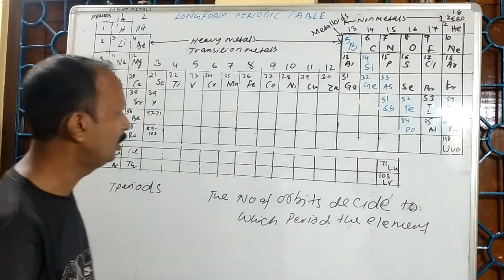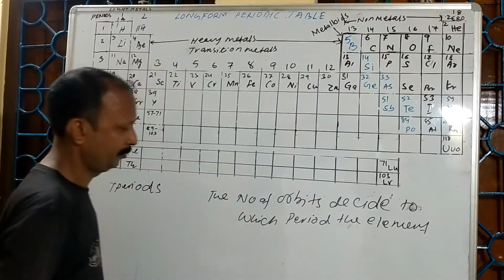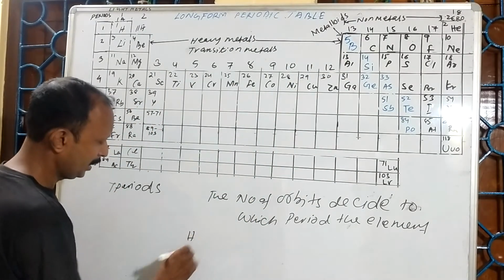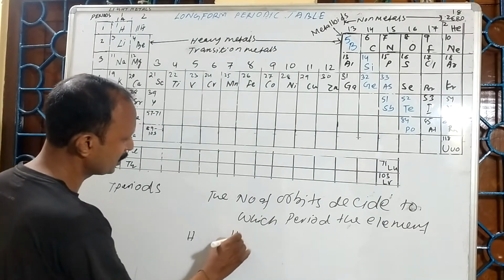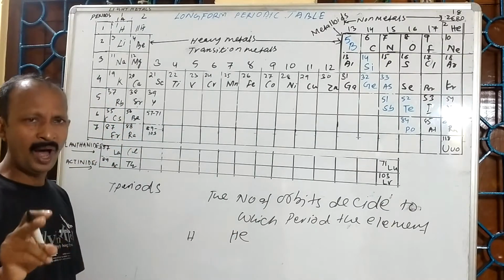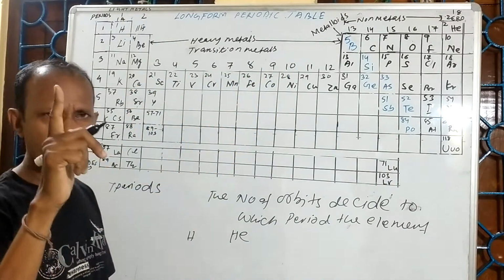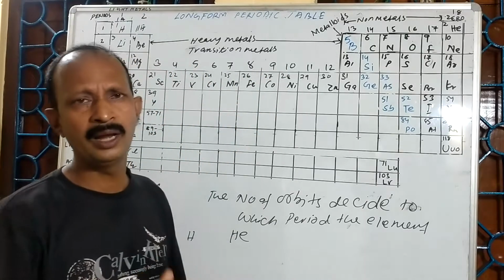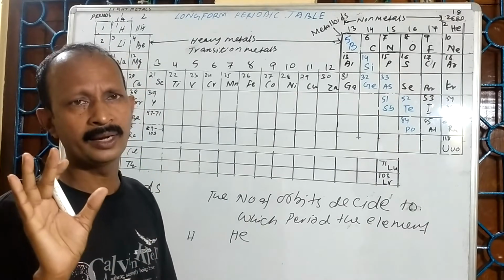For example, you see that hydrogen and helium. Hydrogen contains 1 orbit. Helium also contains 1 orbit. So those elements having only 1 orbit belong to the first period, number 1.